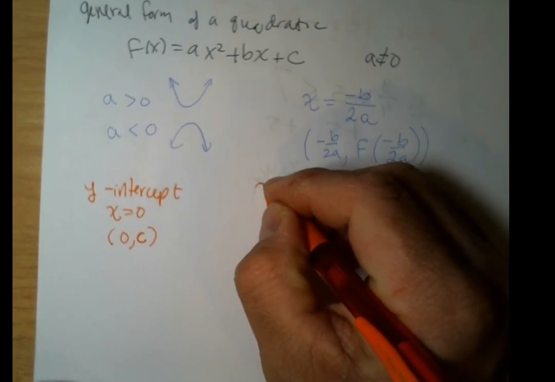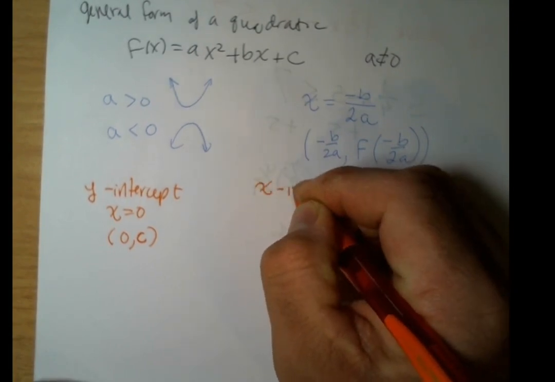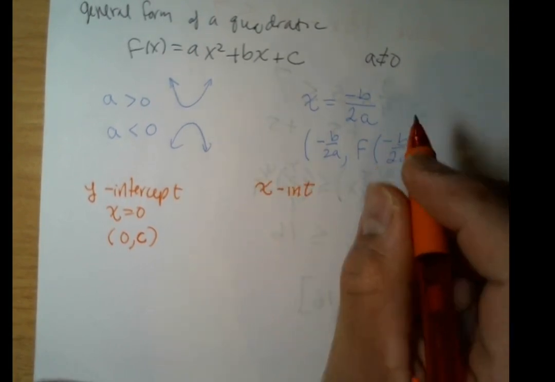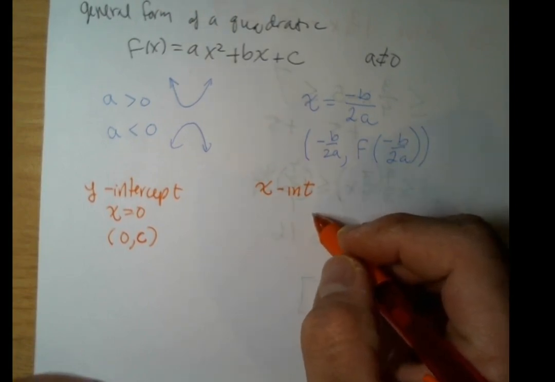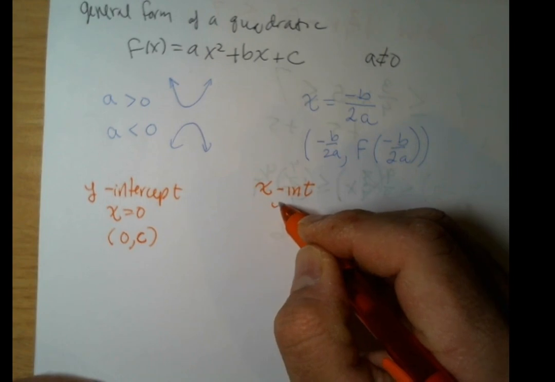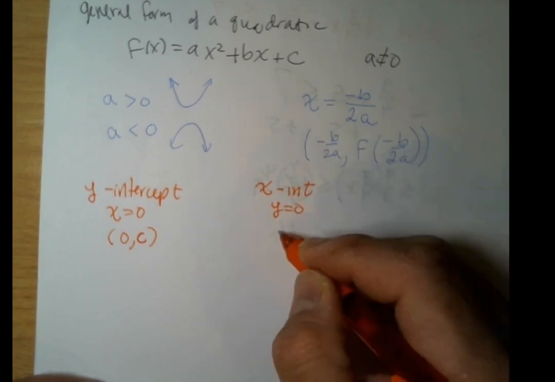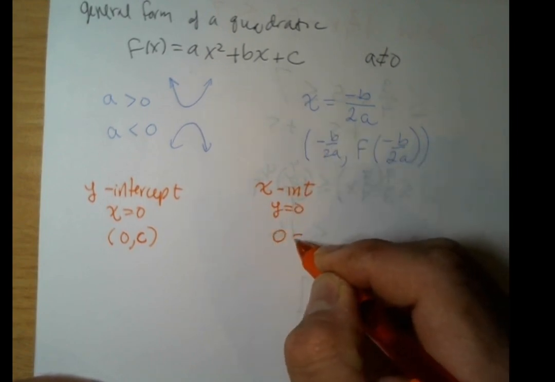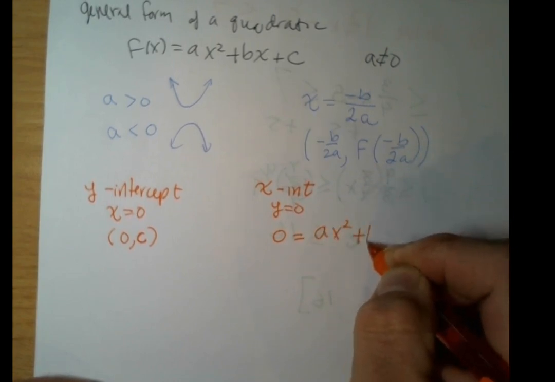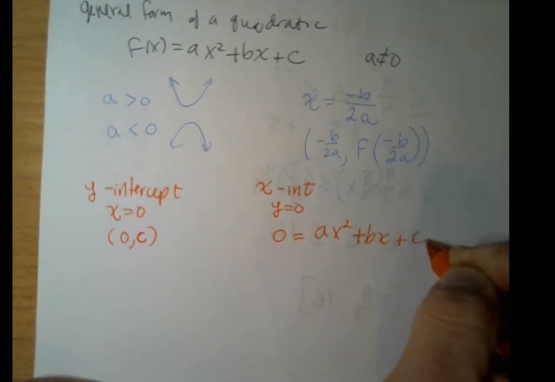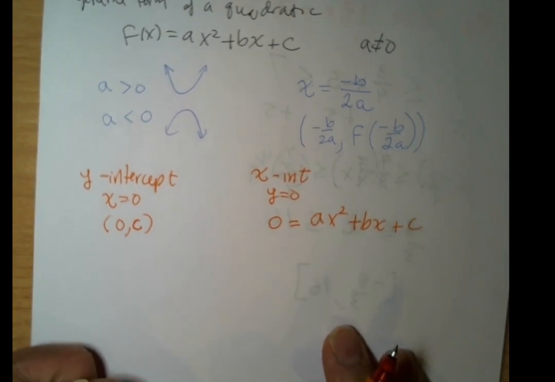Now, in terms of our x-intercept, here we let y equal 0, or f of x. So in this case, we're asked to solve ax squared plus bx plus c equals 0.